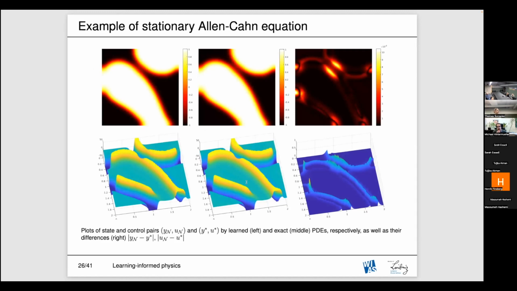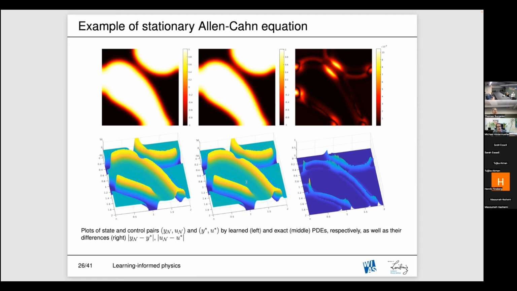What you see here is again an example using the stationary Allen-Cahn equation, where on the left-hand side you see the control and state pair. The state is in the upper part, which is the so-called order parameter, which ideally should be 0 or 1, or -1 or 1, depending on how you scale it. You see here in this range going from red to yellow the so-called interfacial region, which is related to the fact that we talk about the phase field modeling aspect here. And this is where you see the diffusive interface.